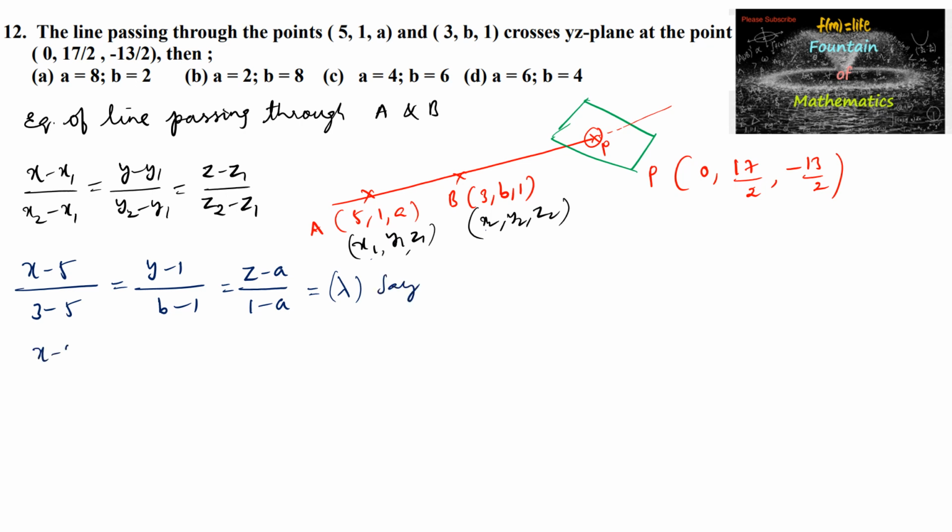Or we can also write (x minus 5) upon minus 2 is equal to lambda, (y minus 1) upon (b minus 1) is equal to lambda, or (z minus a) upon (1 minus a) is equal to lambda.